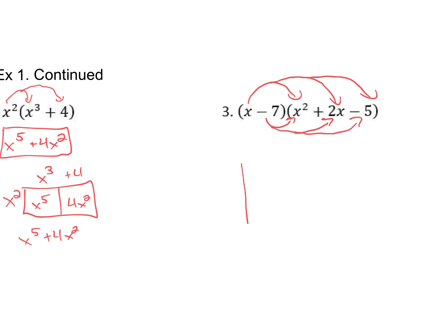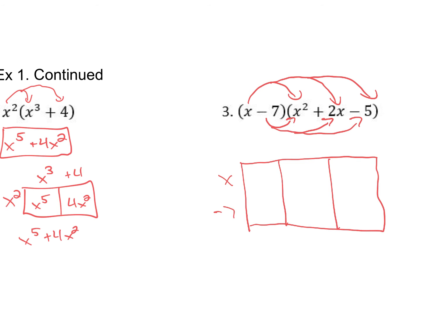The reason I like the box method here is if we think about what we're doing, we have that x minus 7 on the side. And this one has 3 terms, so we make sure we have room for multiplying 3 terms.